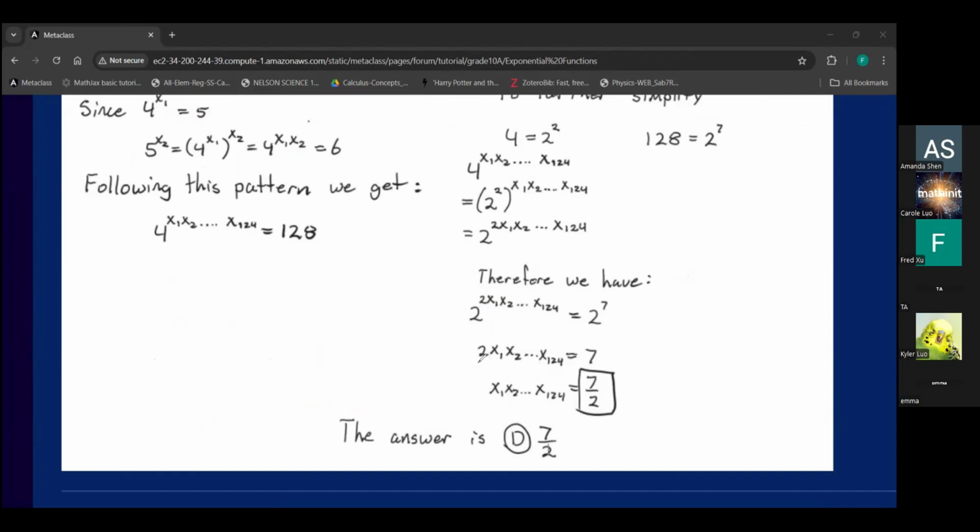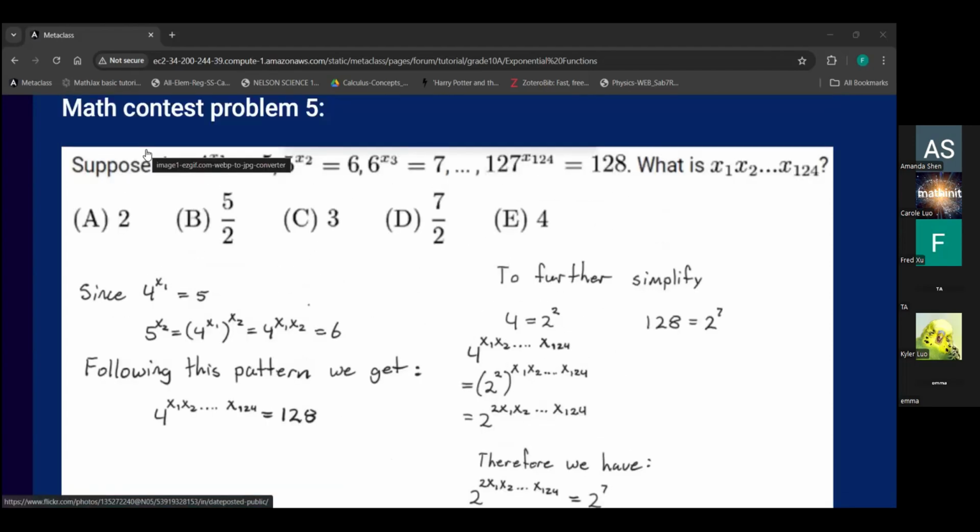And so we have 2 times x1 x2 all the way until x124 is equal to 7. And we just move this 2 over to the other side, or we just divide both sides by 2 to cancel out this 2. And we are left with 7 over 2. So the answer must be D, 7 over 2.